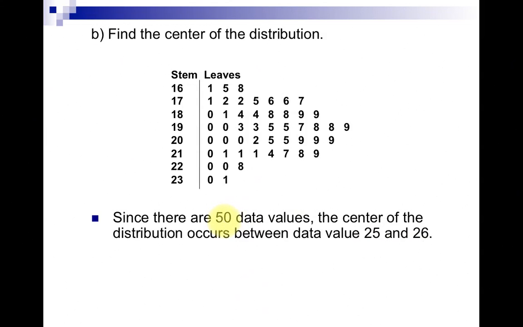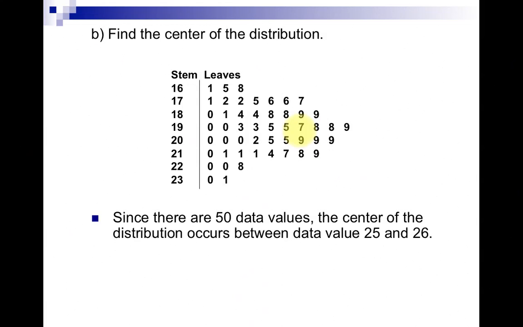So to find out where the 25th and 26th data value are, we start counting at the 1 here. This is the first data value, 5 is the second, 8 is the third, and we're going to continue till we hit the 25th and the 26th. So 1, 2, 3, 4, 5, 6, 7, 8, 9, 10, 11, 12, 13, 14, 15, 16, 17, 18, 19, 20, 21, 22, 23, 24, 25.